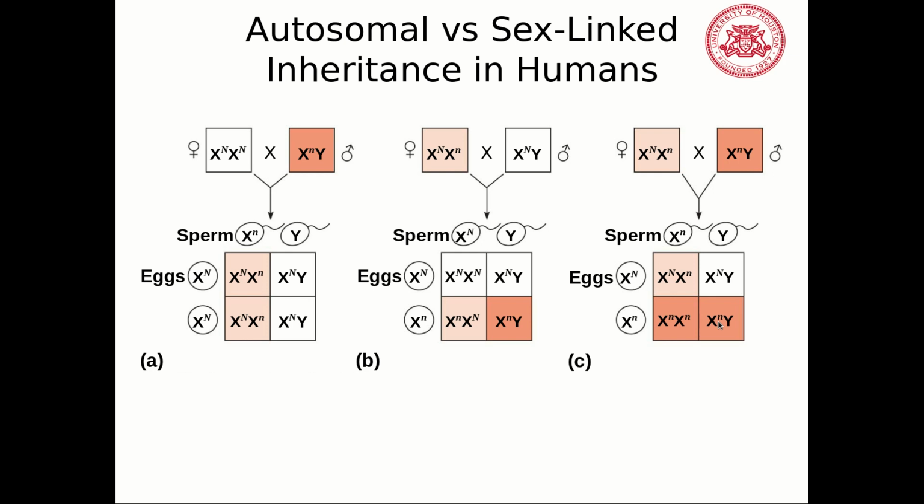Here we're not showing that, but you need to understand that there's a difference between what you look like, your phenotype, and your genotype. Your genotype is the actual letters, the actual genes that you have in your cells. So even though both of these blocks, this is a female and this is a male, notice that the blocks are white.